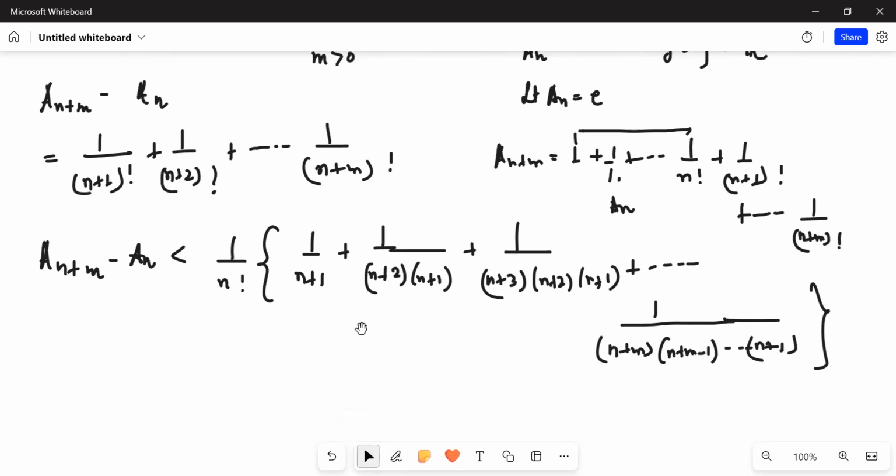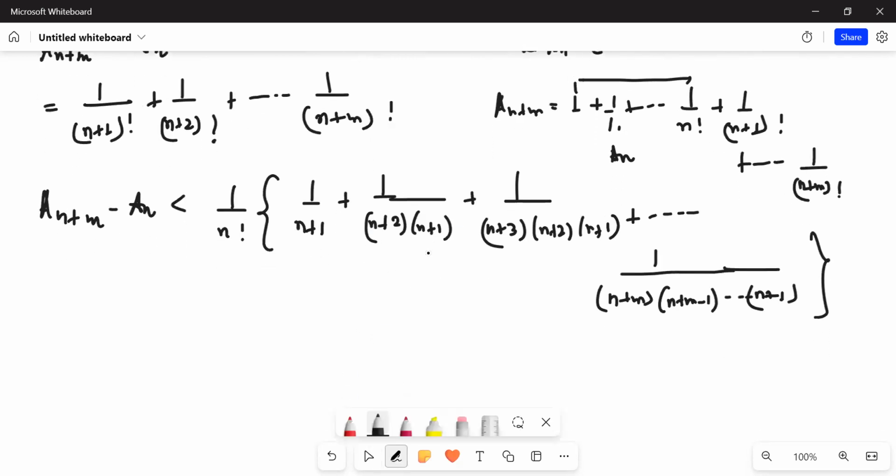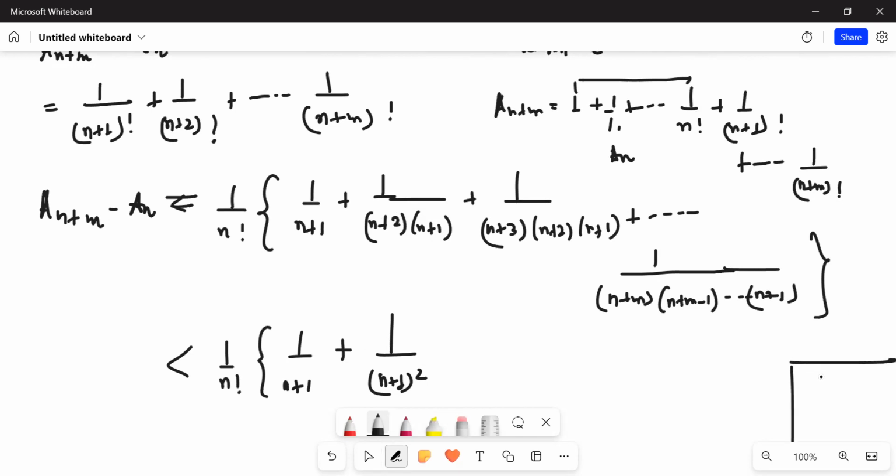Now, if I compare by denominator, I see n+2 is here. So I compare by n+1. Basically, I am going to write 1 upon (n+1), and here also (n+1) whole squared. Clearly, n+2 is greater than n+1, so 1 upon (n+2) would be less than 1 upon (n+1).